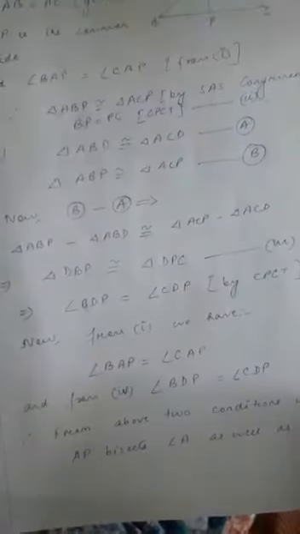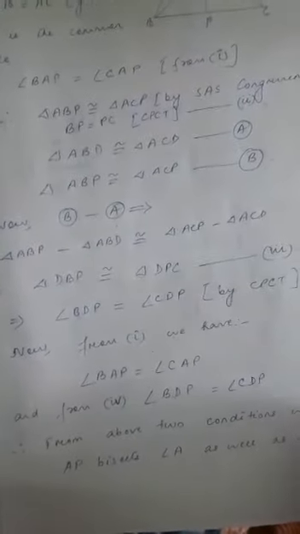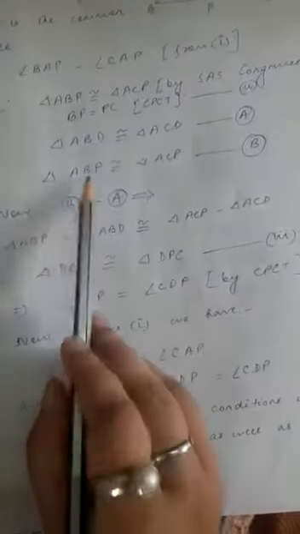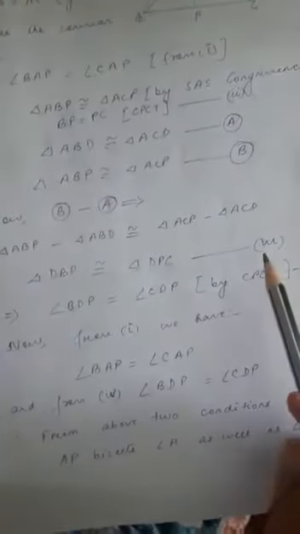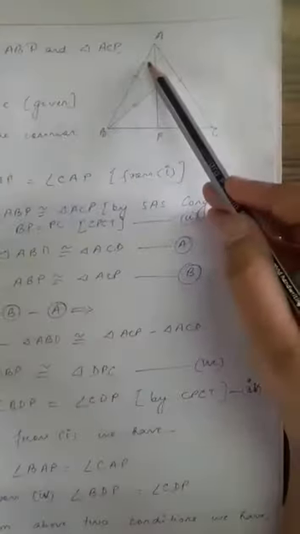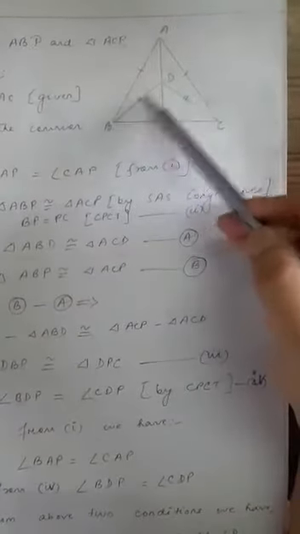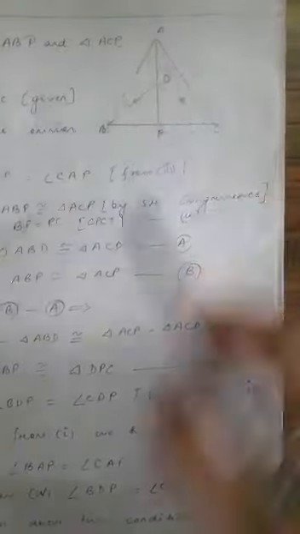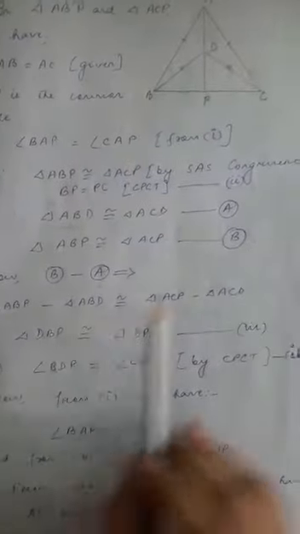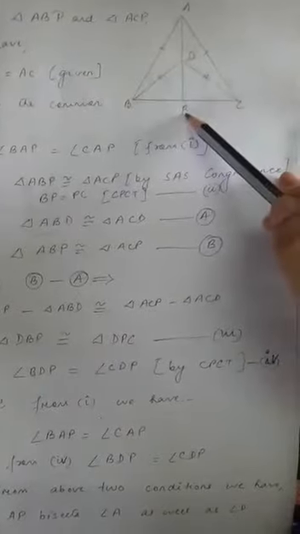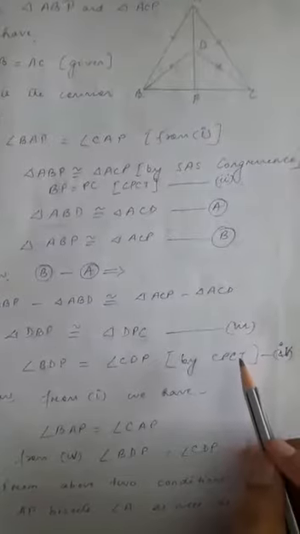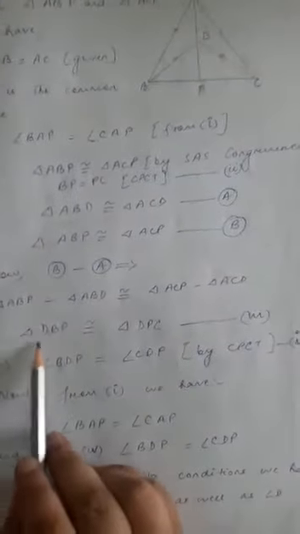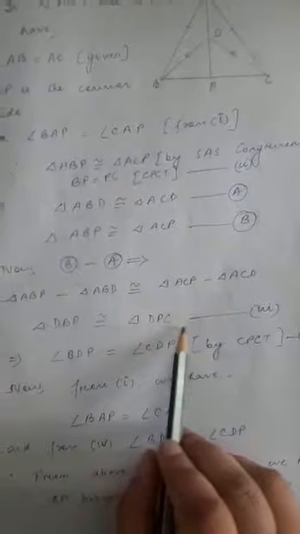Keep this one as B. Now, if I subtract A from B, I get triangle ABP minus triangle ABD is congruent to triangle ACP minus triangle ACD. From the diagram, ABP minus ABD gives triangle DBP, and ACP minus ACD gives triangle DPC. So triangle DBP is congruent to triangle DPC.